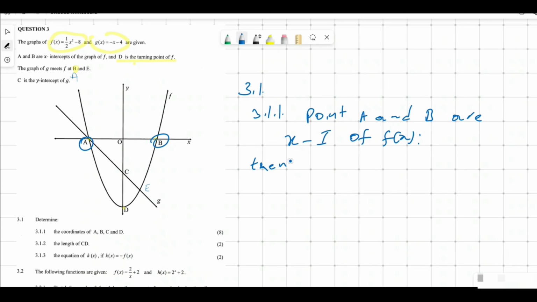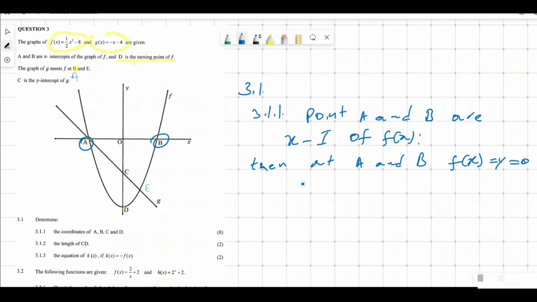At A and B, f of x, which is y, is equal to 0. So if we want to find the values of x at A and B, we need to solve for x using the equation of f of x.